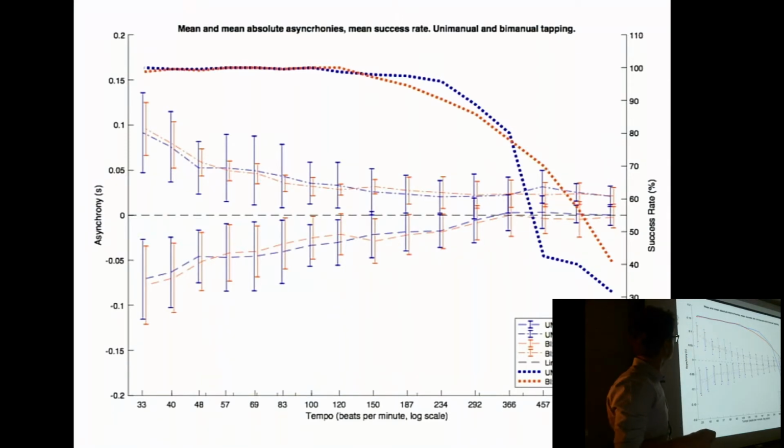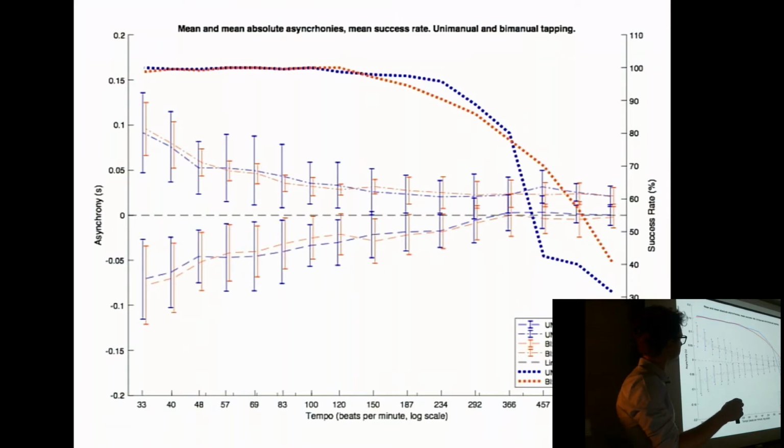All right, and the other lines here with the error bars are the mean absolute asynchrony and the signed asynchrony. So there's on average negative asynchrony, and what we can see here is that at slower tempi, the absolute asynchrony is a bit bigger than the one you find in the middle.